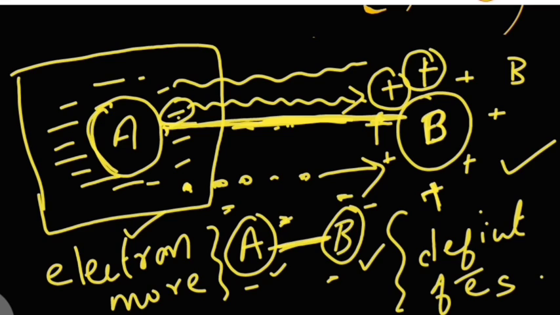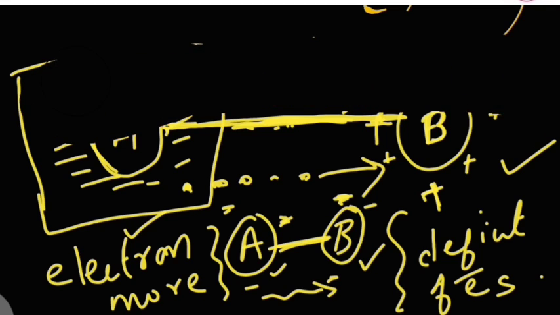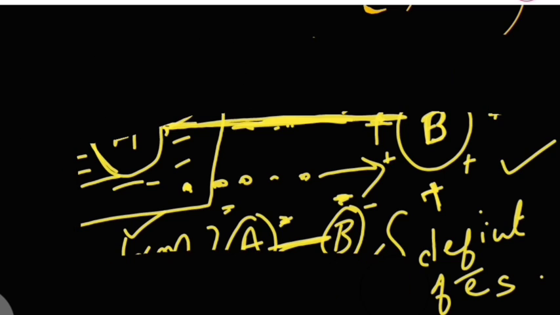We can't say that A is having more electrons or B is having less. Both have the same number of electrons, so the flow will continue until both conductors have the same charge. The flow happens only if there is a level difference of electrons, that is, one conductor has more charge, positive or negative, and the other has less.